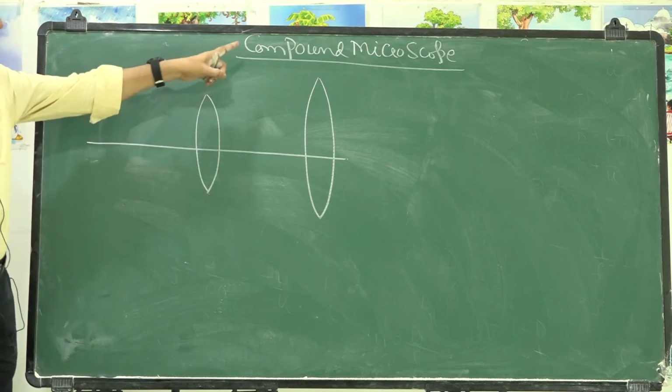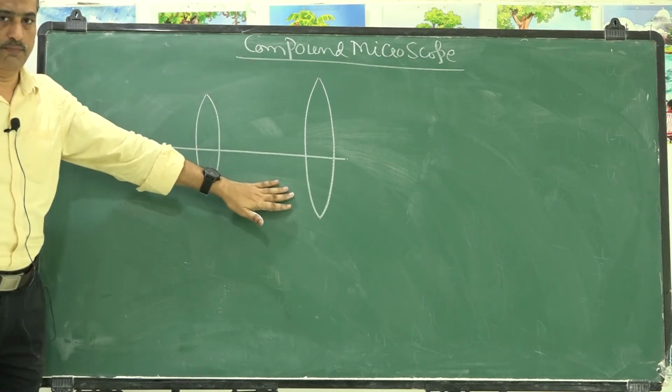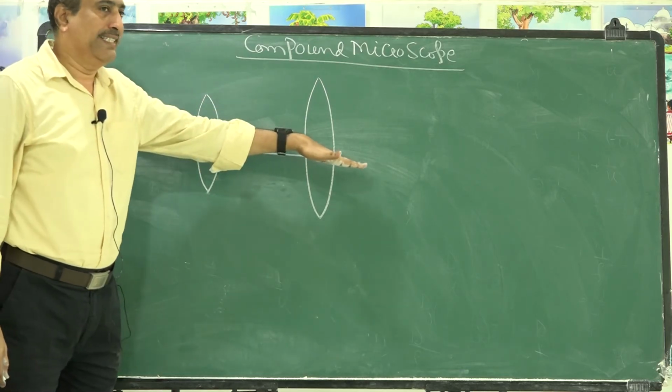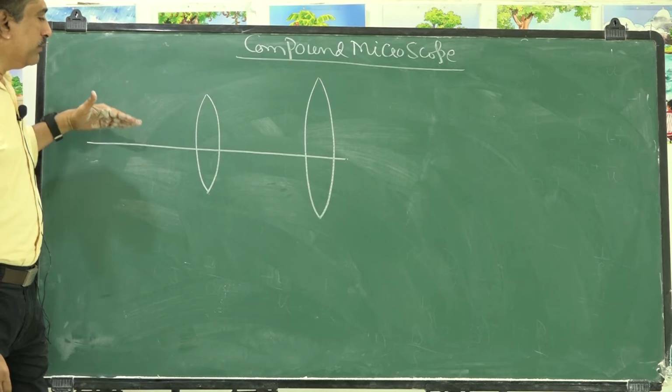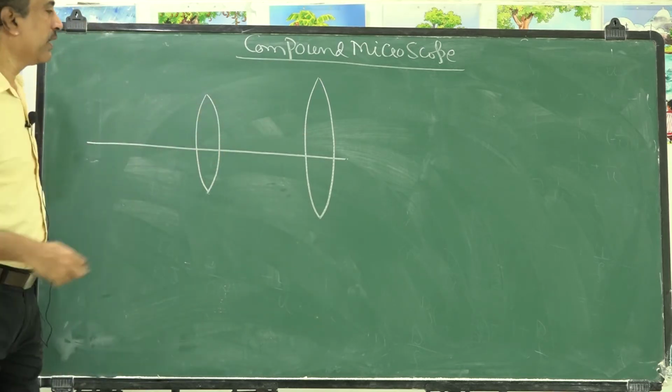That means coaxially means the principal axis of both these lenses coincide.